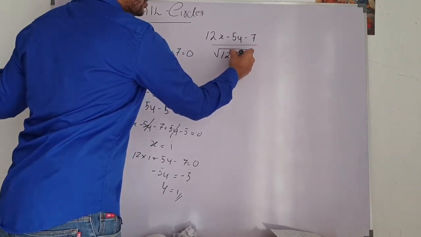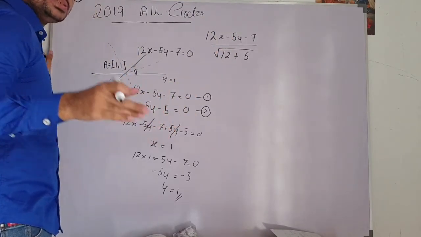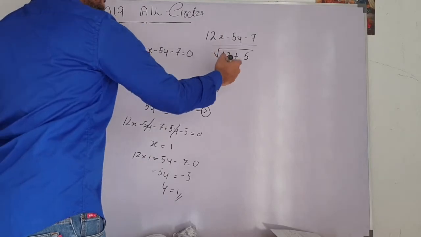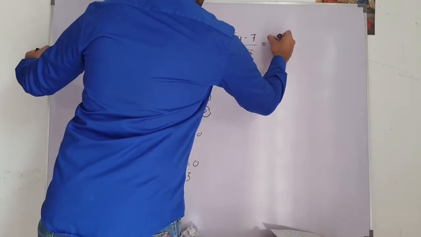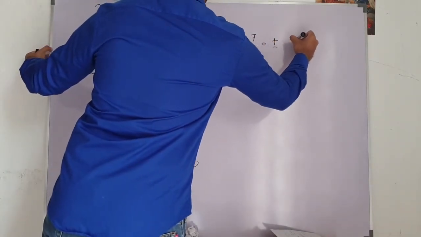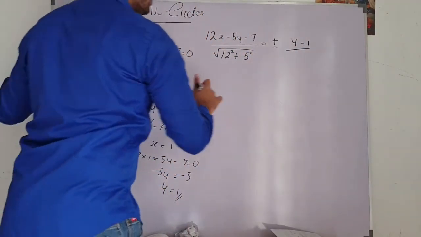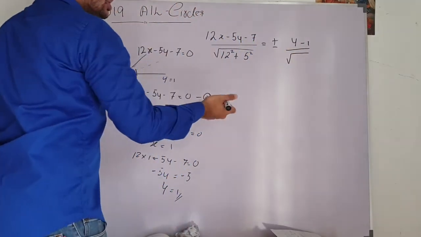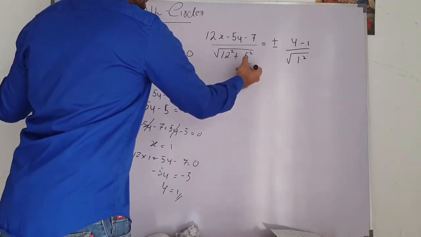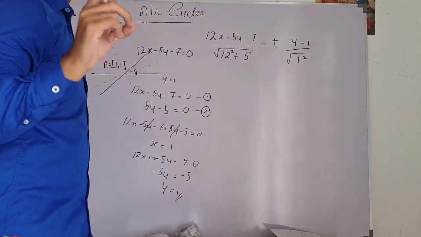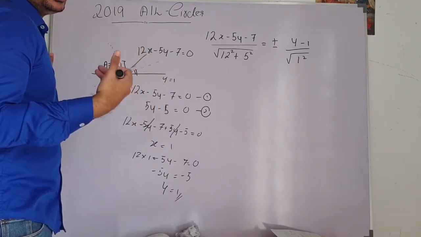No matter whether this is positive or negative, whatever the case, you should just take the coefficients and square these two terms. 12 squared plus 5 squared equals plus or minus y minus 1 over, and y gives the coefficient 1, so there is no x term, just 1 squared. 12 squared plus 5 squared is going to be 169, and the root of 169 is going to be 13.